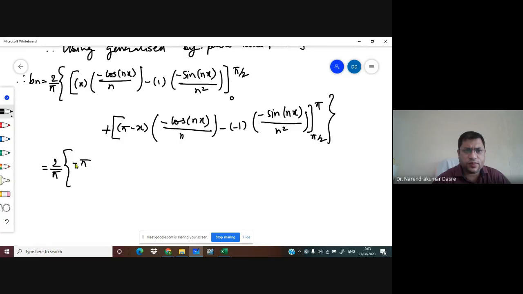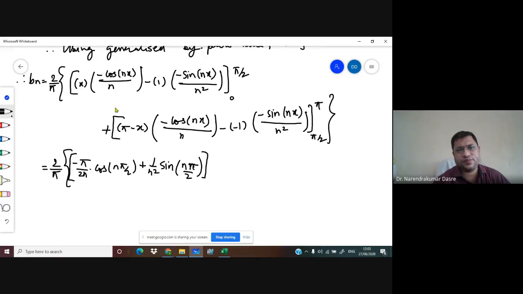So it will become minus pi by 2n cos of n pi by 2. This will become minus minus plus 1 upon n square sine of n pi by 2. Now if you use 0, this x is there, so this term will be 0 and sine 0 is 0. So we'll have this much only for the first integral.